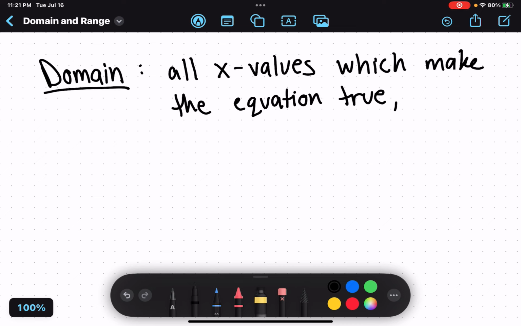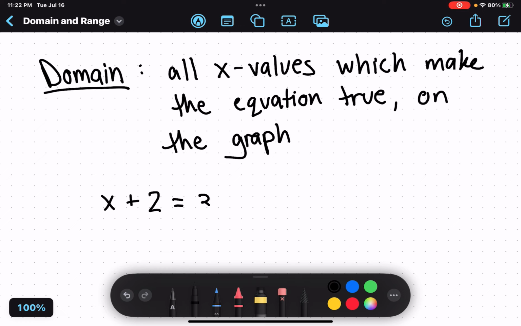These are all the x values which are also on the graph. So, for example, if we had x plus 2 equals 3, the only x value in the domain that would make this possible would be the x value of 1. So that would be our domain for this.